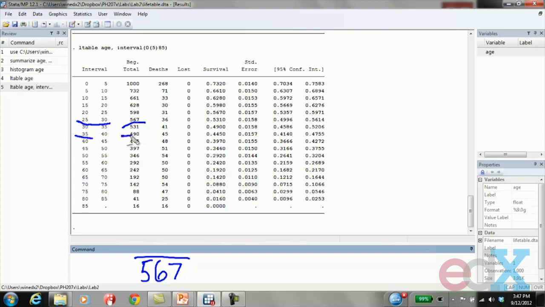We see that 490 made it to that interval. So 490 people made it to age 35 or more. Now you can use a calculator to do the math, and that equals 0.86. So there's an 86% chance that a 25-year-old will survive 10 years.